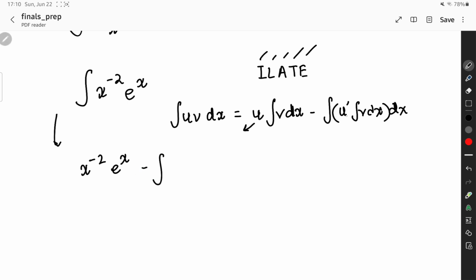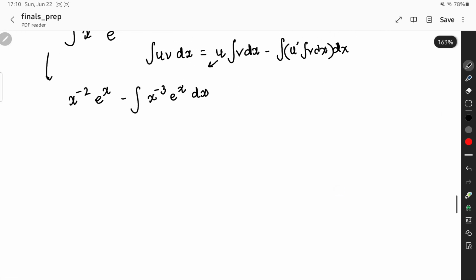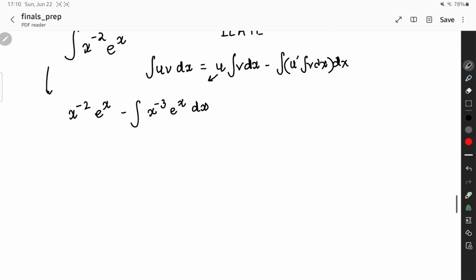Now if you take the derivative of x to the power minus 2, that would make it x to the power minus 3. The power rule dictates that one power will be decreased. I'm just skipping over the constants to keep it simple.